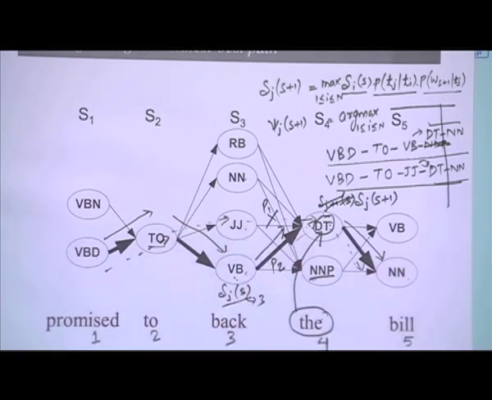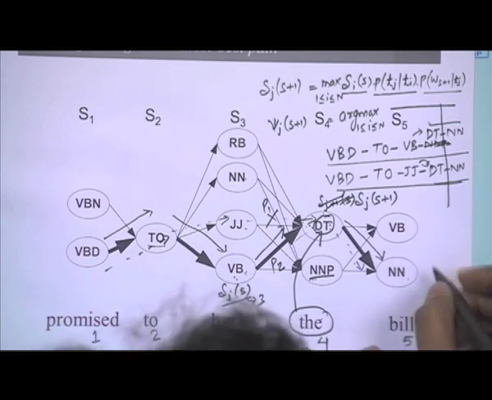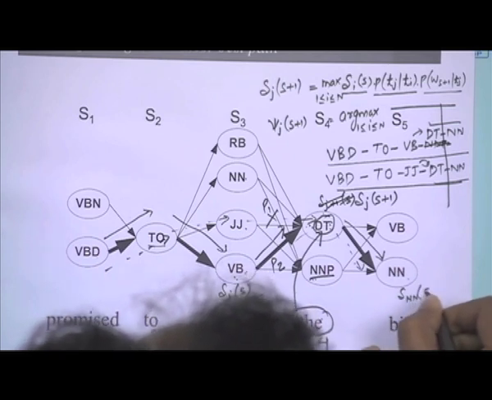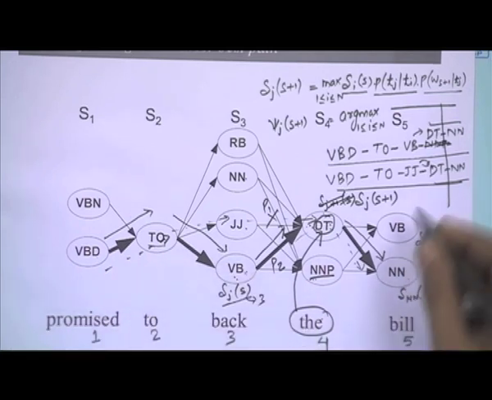So what will happen at the end? I am at step 5, and I know the probabilities. Let me write down delta NN at 5 and delta VB at 5. I know both these probabilities.